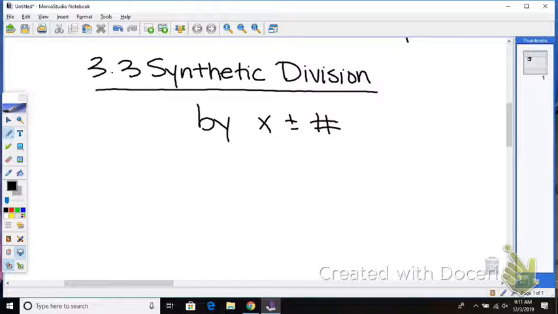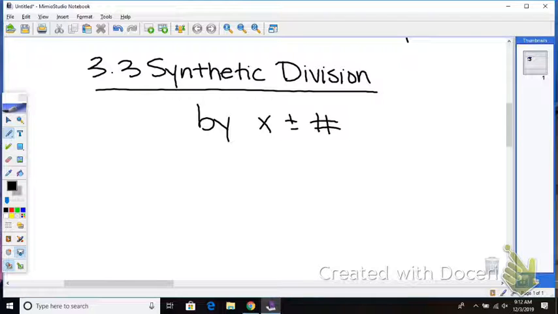X minus 3, you can use synthetic division. X plus a billion, you can use synthetic division. 2x plus 1, you cannot use synthetic division. So it has to be just a plain old x, plus, it can be plus or minus, doesn't matter, and then just a plain old number, okay? If it's anything else, you cannot use synthetic division. This is why you're going to see that synthetic division is really easy, but we can't use it all the time.